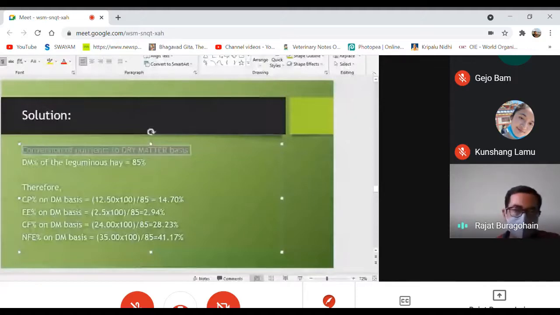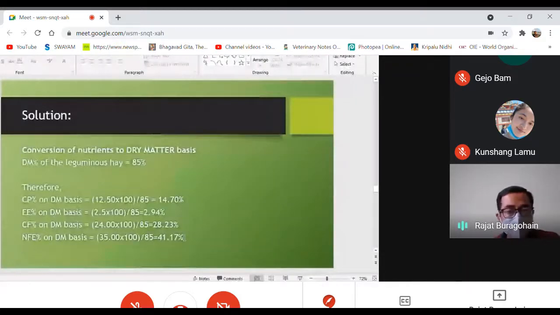The conversion I already told you, I will not elaborate. CP percentage on diameter basis will be 14.70, ether extract 2.94, CF 28.23, NFE 41.17%. On diameter basis the nutrient percentage will be higher than on SL basis. You remember that. It was 12.5, but on diameter basis it is 14.7.